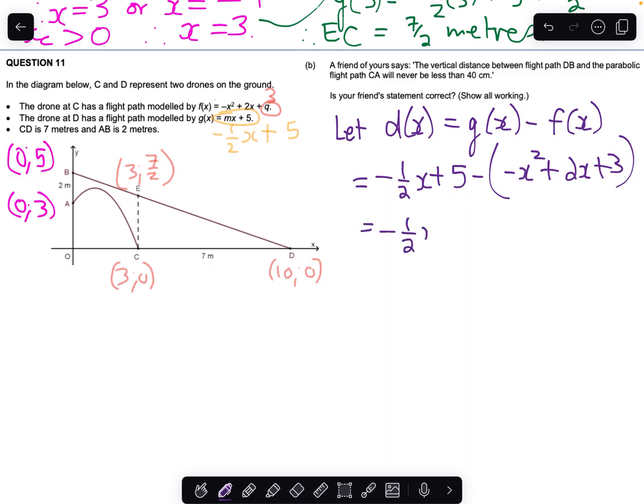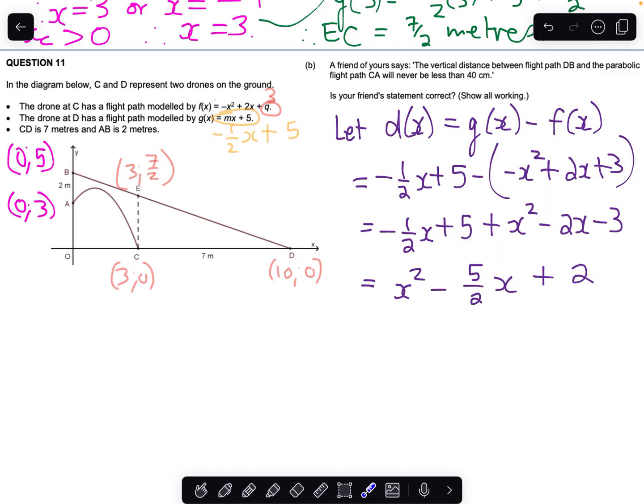That is plus x squared minus 2x minus 3. So that'll be x squared, then minus 2x minus a half x is minus 2.5x, or minus 5 over 2 x. And then 5 minus 3 is positive 2.